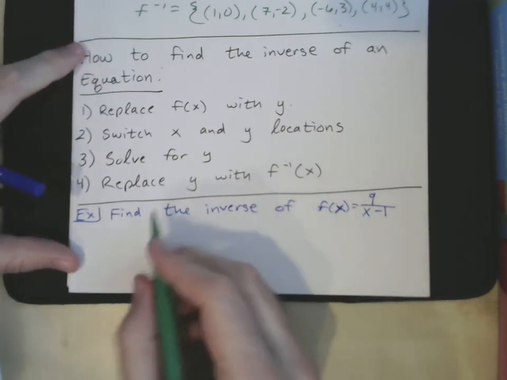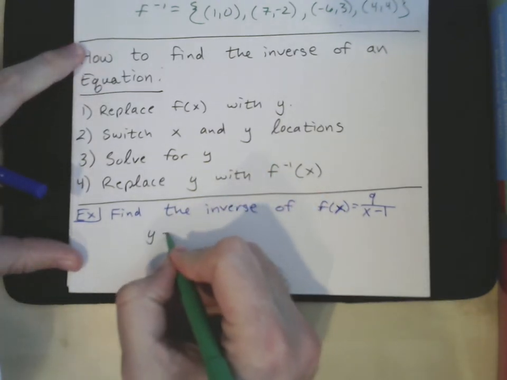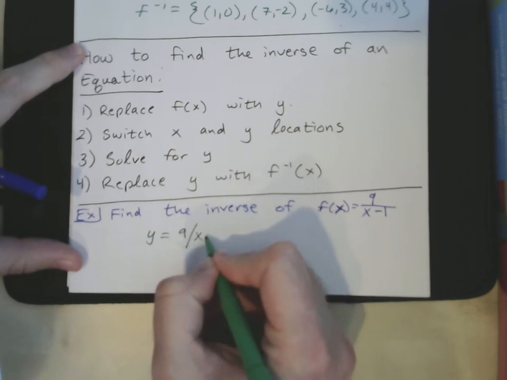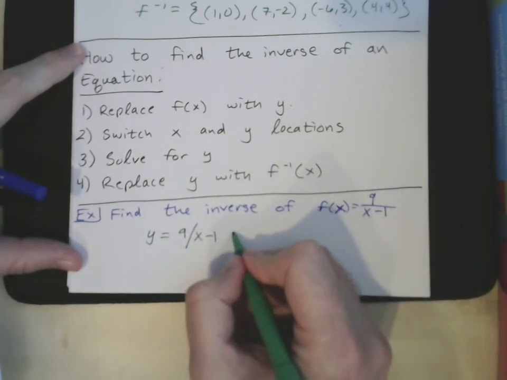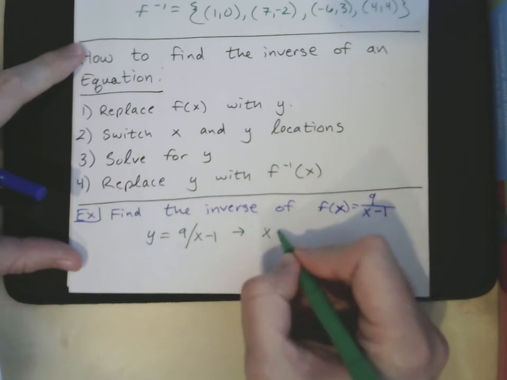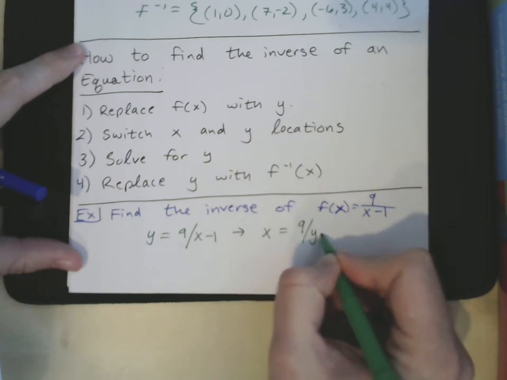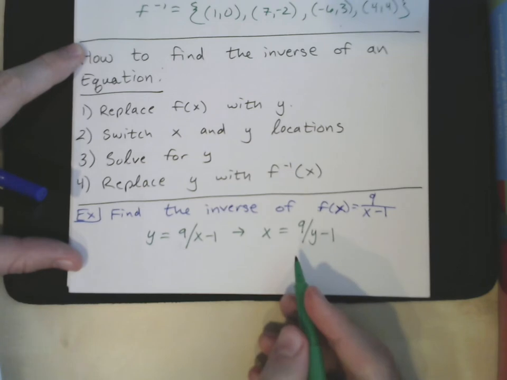So step 1, replace f of x with y. So we have y equals 9 over x minus 1. Then I'm going to flip positions. It becomes x equals 9 over y minus 1. And now I need to solve for y.